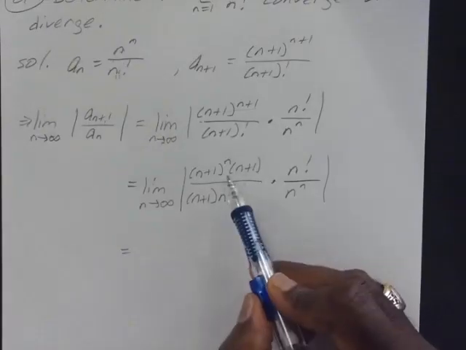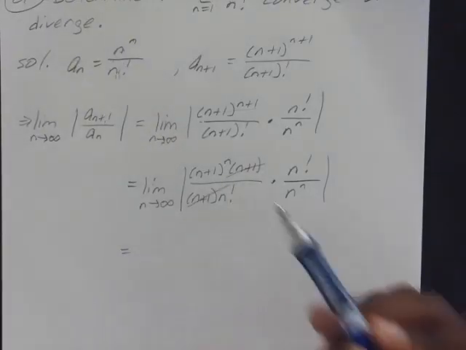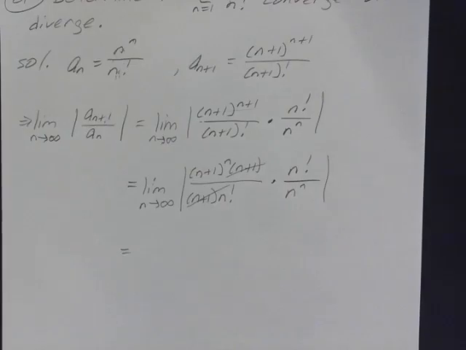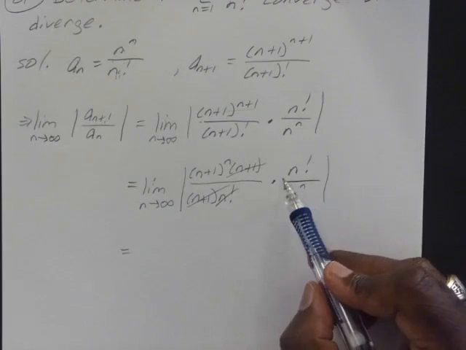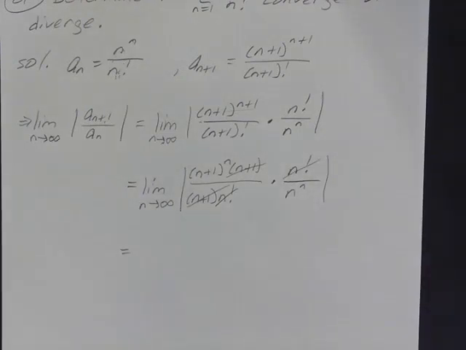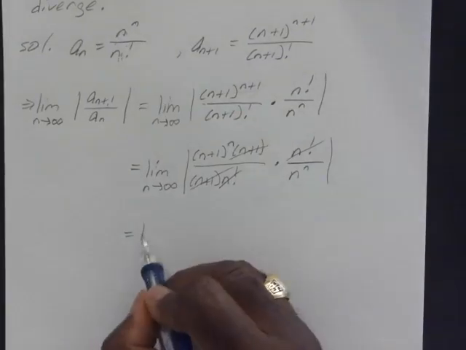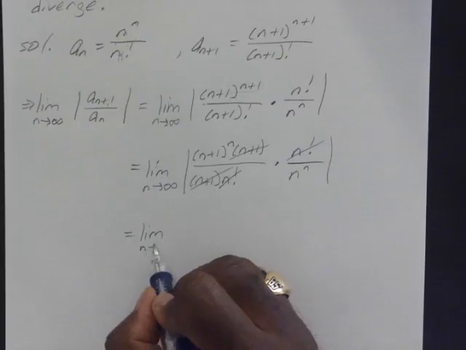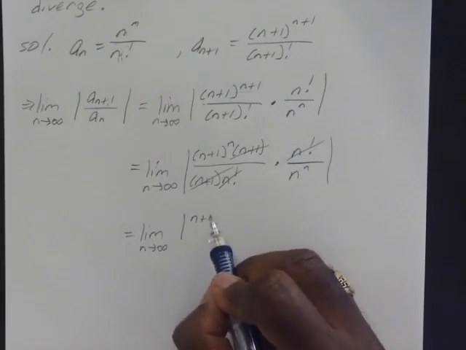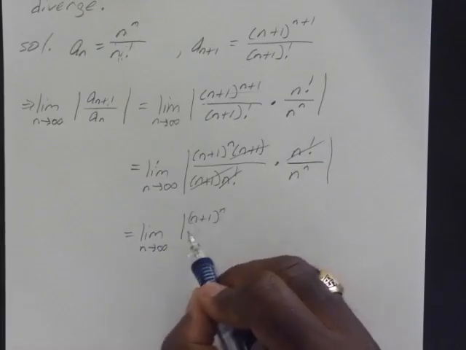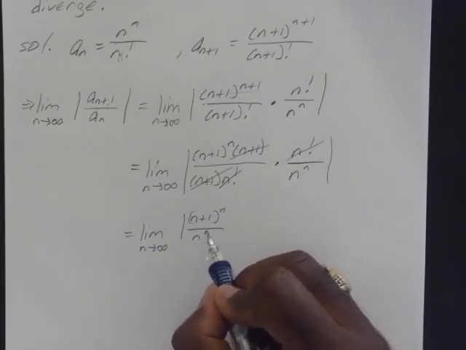And we can see here that this n plus 1 cancels out with that n plus 1. This n factorial cancels out with that n factorial. So the only thing left is the limit as n approaches infinity of the absolute value of n plus 1 to the power of n divided by n to the power of n.